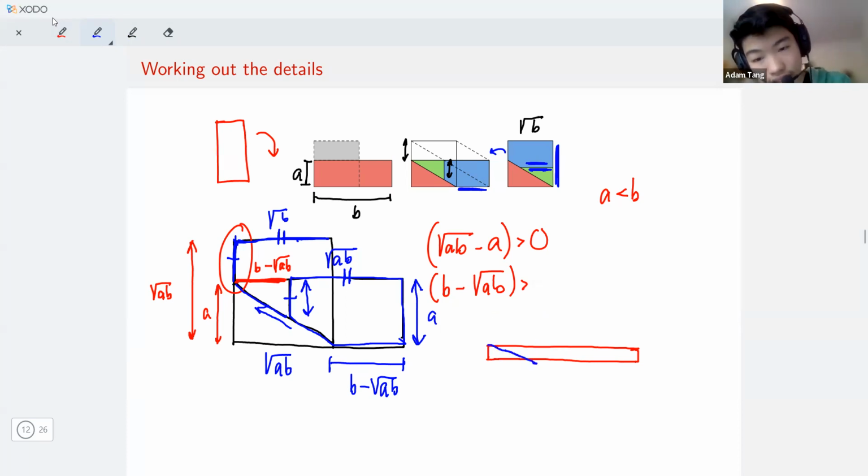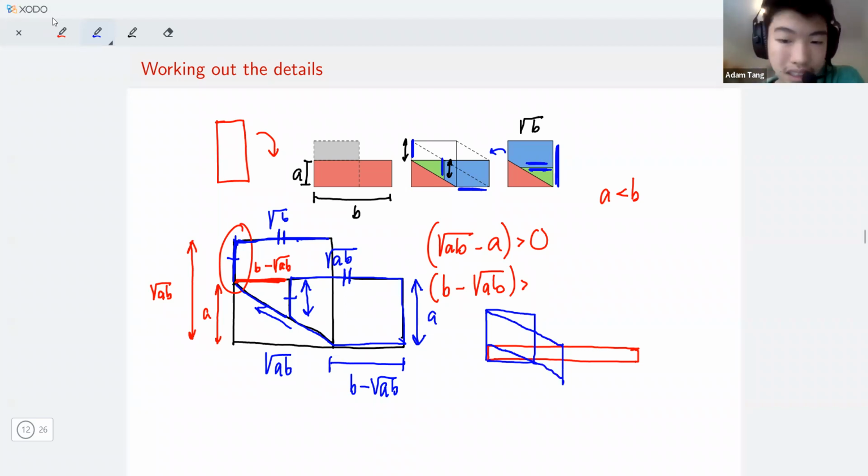Well, then there simply isn't enough room for the two pieces to switch. What I'm saying is, you see how these two had to match in this diagram? Well, now we can't make a cut where those two match, because that's just going to extend beyond, and we can't make a cut within our rectangle because this cut is simply too long.